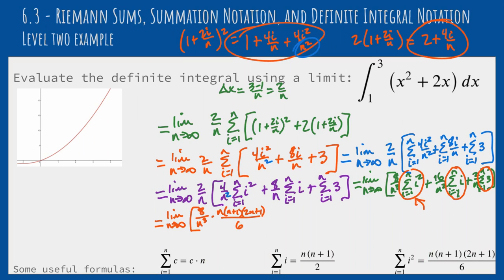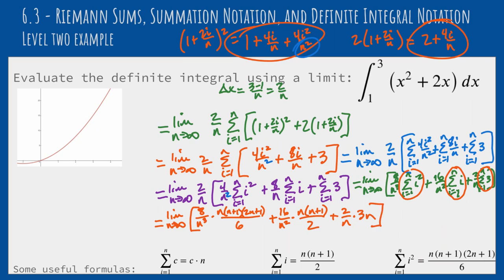Okay, so that's this one. Then we're going to have plus 16 over n squared, and then times n plus 1 over 2. And then the last one, we're going to have 2 over n times 3n.